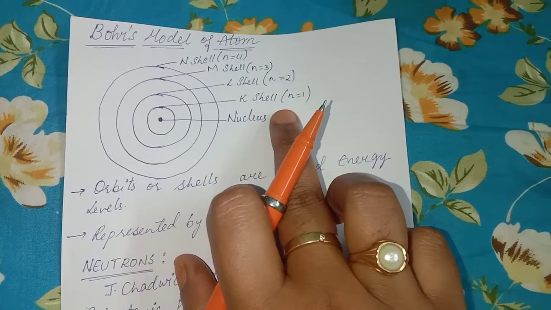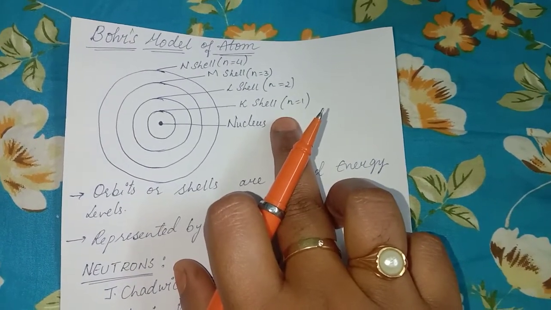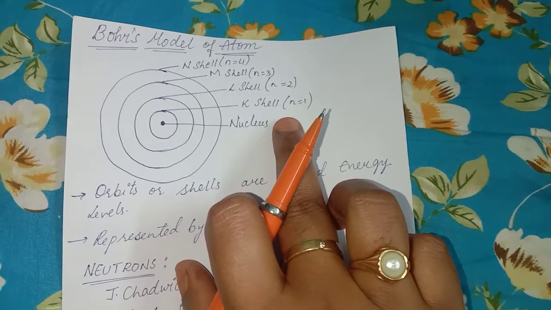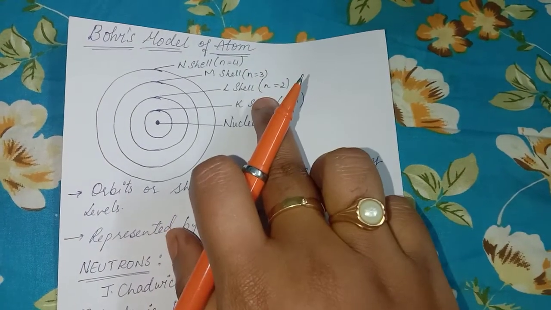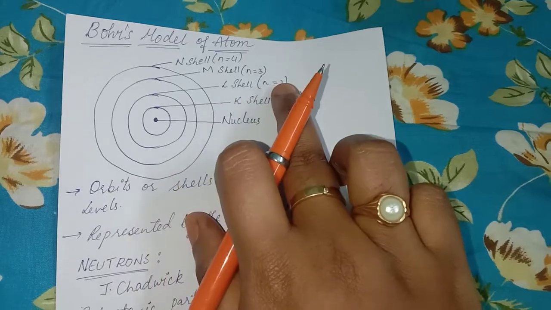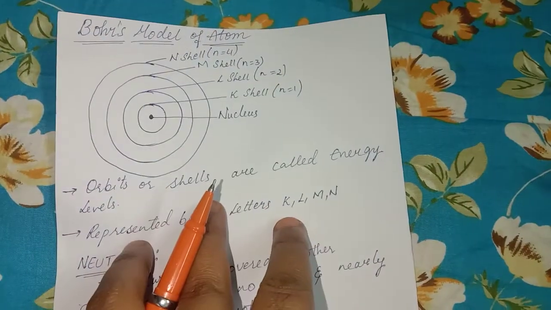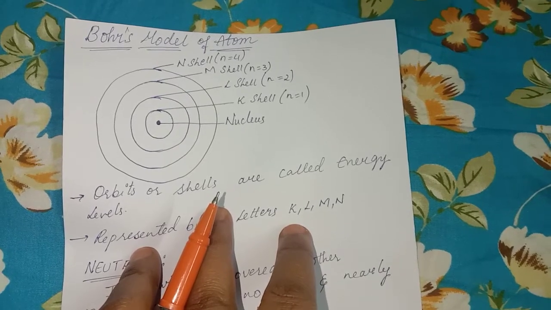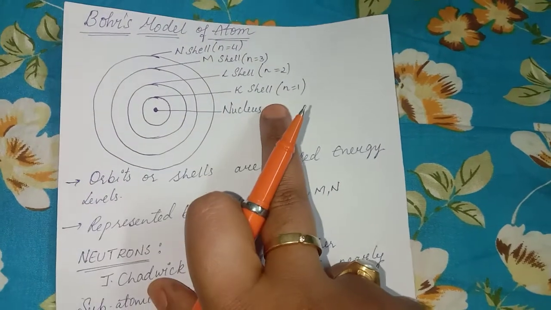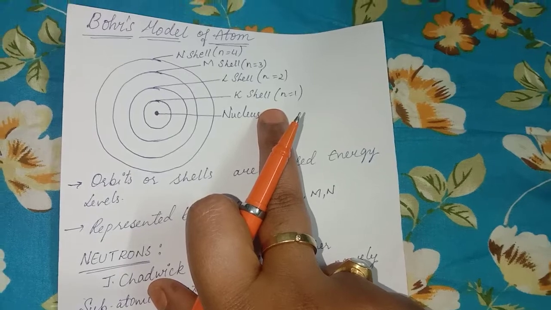These values are the small n, where n equals 1, n equals 2, n equals 3 and n equals 4. So he gave certain values for each orbit or shell. What this n is, we are going to learn in depth.